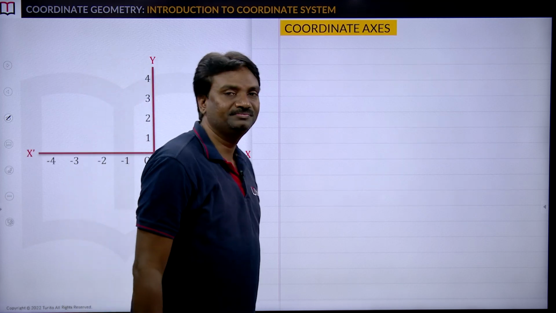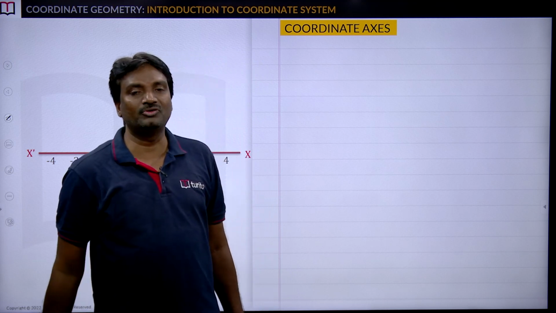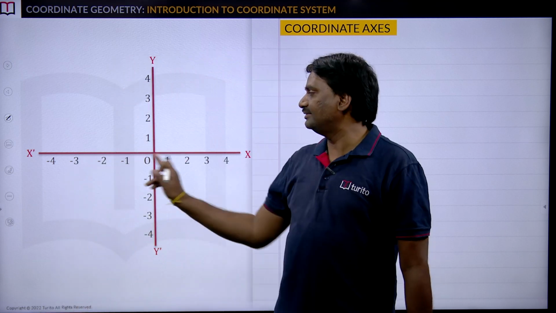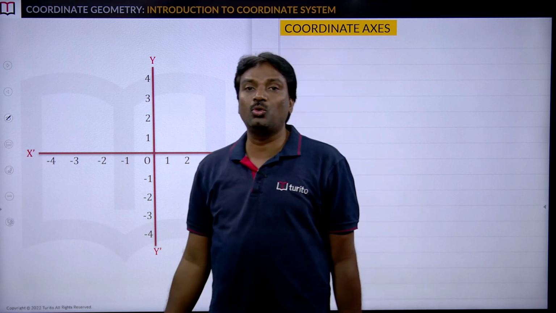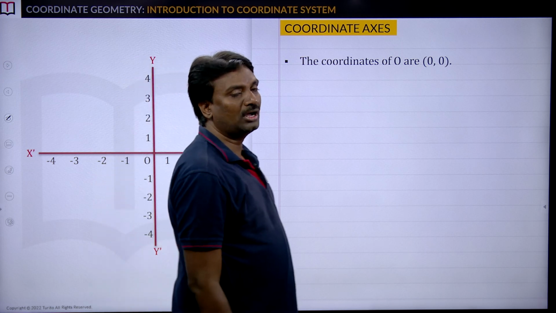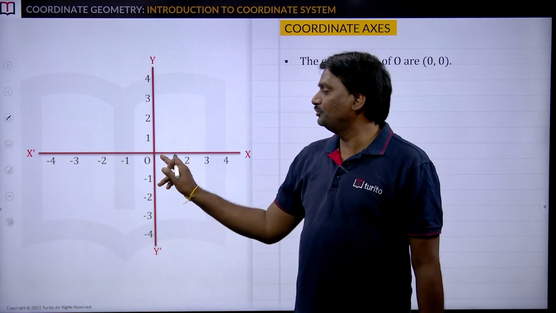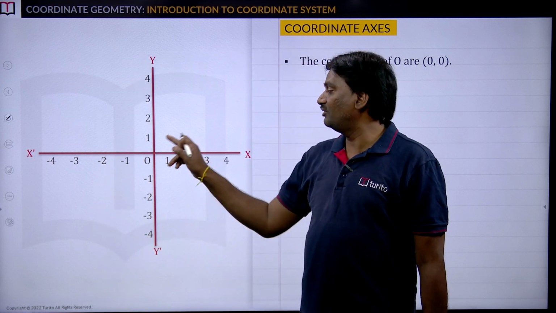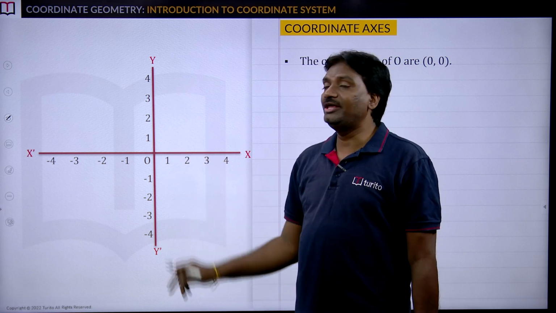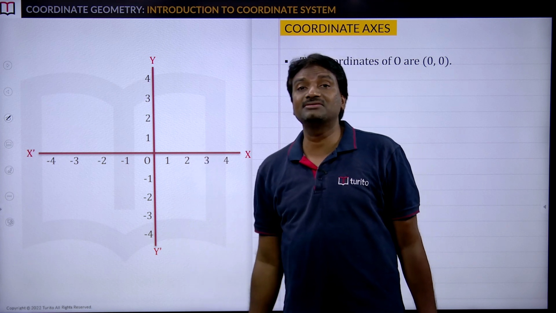Next, coordinate axis. We have just discussed the horizontal line and vertical line. Horizontal line is known as x axis and vertical line is known as y axis. Now, the coordinates of O are 0, 0. The point of intersection of x axis, x O x dash, and y axis, y O y dash, is known as origin.